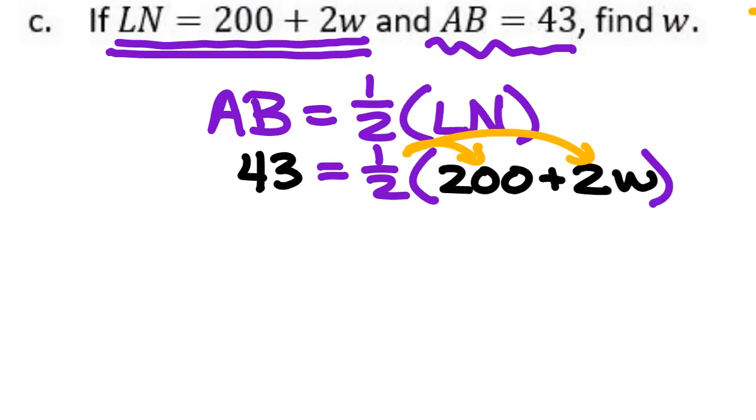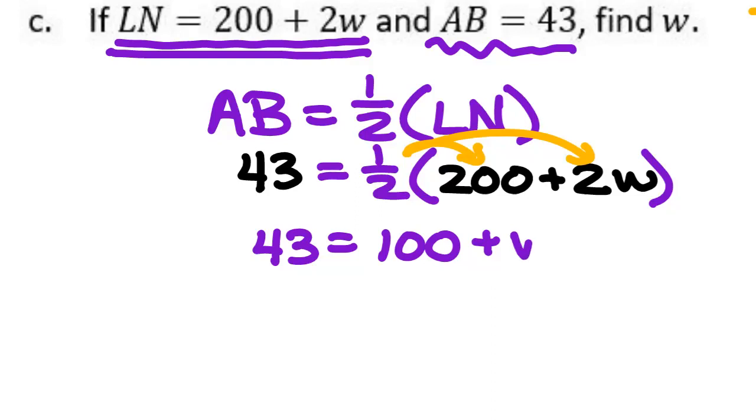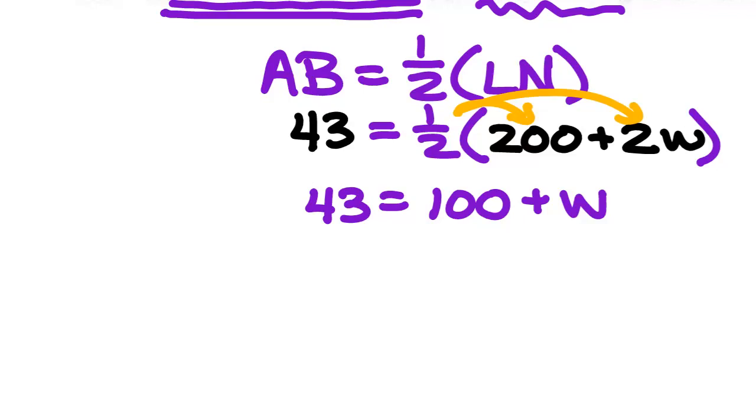Distribute, okay. So distributing that fraction, I would have 43 equals, what is half of 200? 100. What is half of 2w? 1w. So now I have 43 equals 100 plus w.